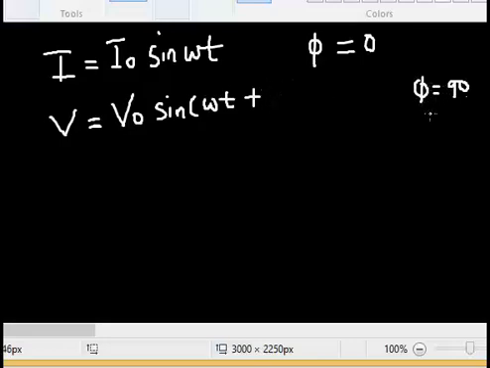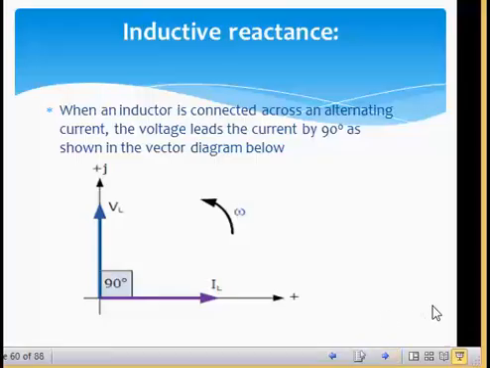Of course, 90 degrees in radians is pi all over 2, so plus pi all over 2. So if I'm writing the equation of voltage in an alternating current circuit that has an inductor, this is how I will write it, because there's going to be a phase angle for the voltage. Please take note of that as we proceed.